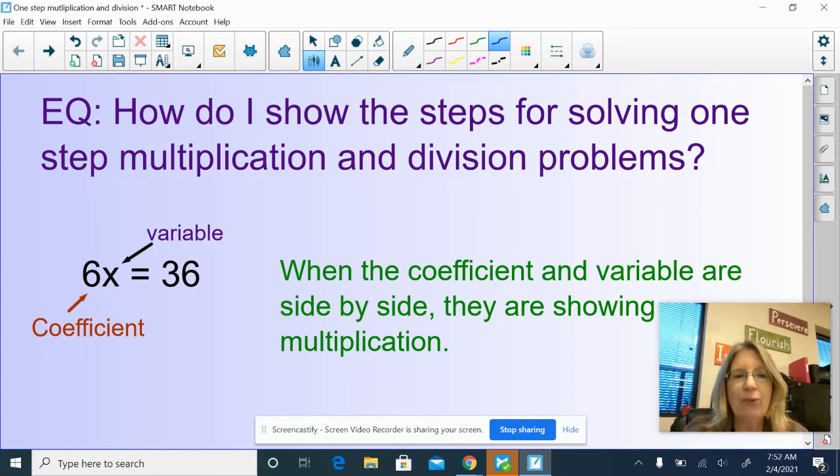And then please know whenever you see the coefficient and the variable side by side, they're showing the operation of multiplication. So it's saying 6 times any number that we're going to find, those two numbers multiplied make 36. Okay? If you need to stop or redo the video to get that, that's super important.